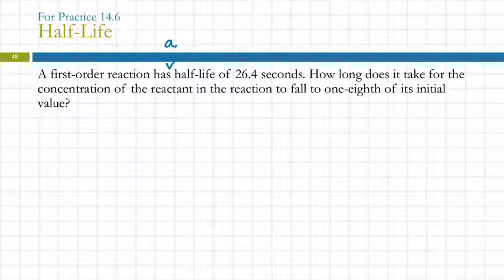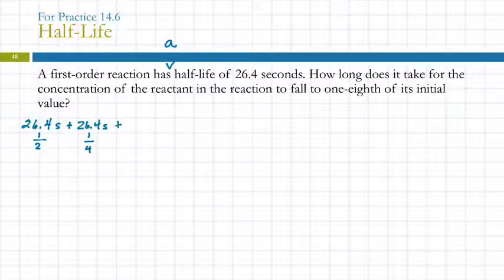So we want to know how long for it to get to 1/8. So how many half-lives is that? After 26.4 seconds, we've got 1/2 the original, and then after another 26.4 seconds this will get divided in half again. Now we'll have 1/4.